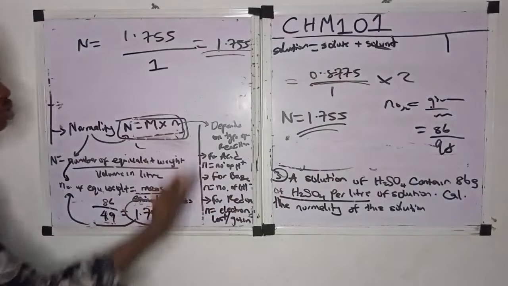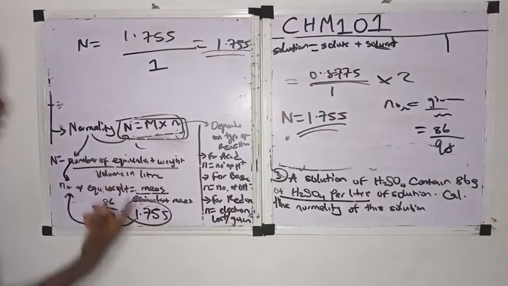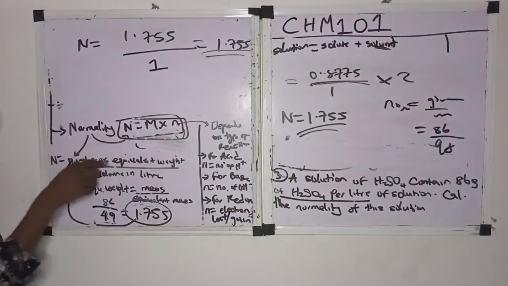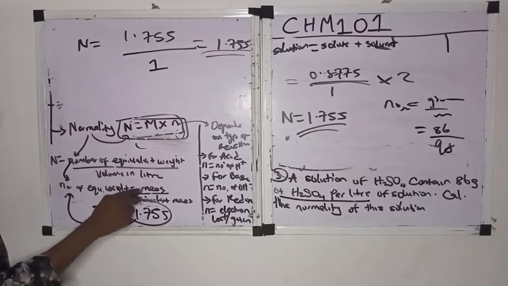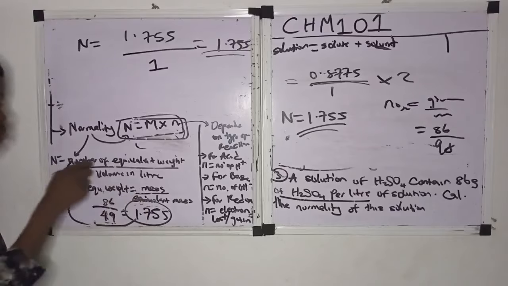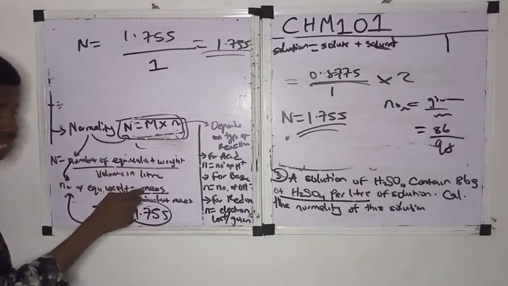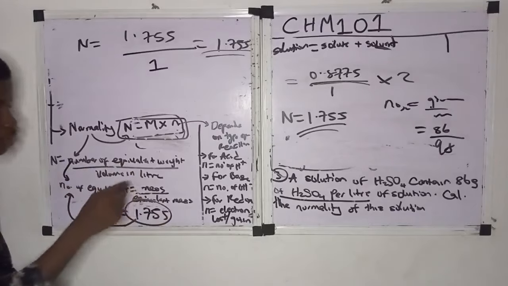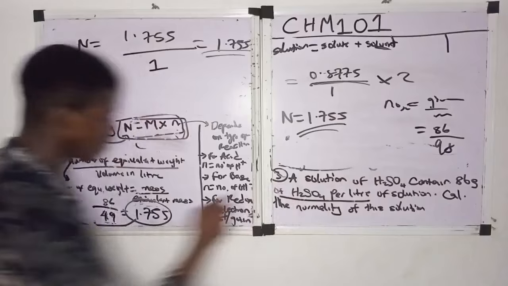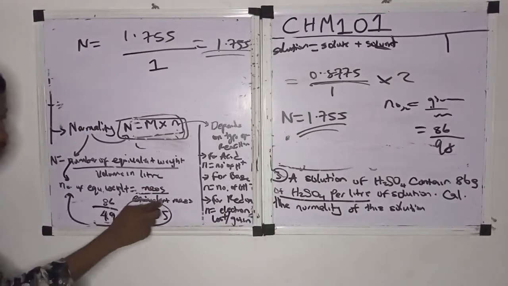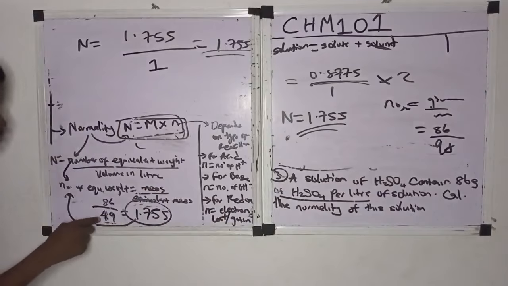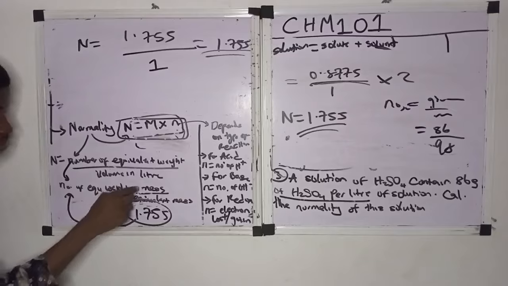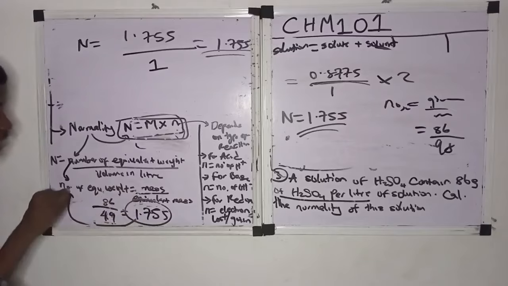If it's an acid, n will be the number of H plus. With the other method, the number of equivalent weight is divided by volume in liter. The number of equivalent weights is equal to mass divided by equivalent mass. The mass is 86, and the equivalent mass is molar mass divided by n factor, which is 49. We divide to get the number of equivalents.